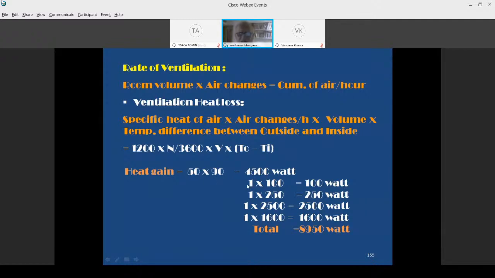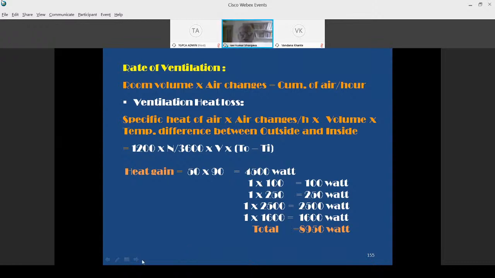One teacher generates 100 watts, and so forth. Total is 8,950, including other electrical, mechanical, and transfer of heat through the roof and walls, etc. The total comes to 8,950.